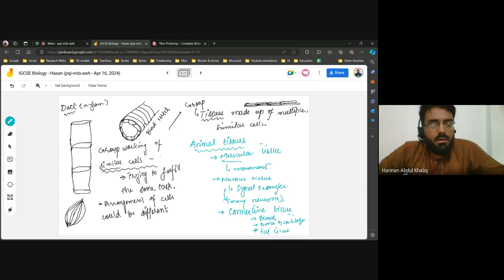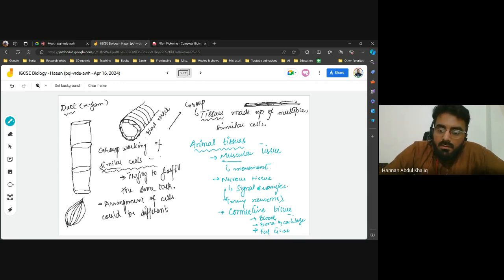And you can say that they are responsible for layering up different kinds of organs. You can easily imagine that all your organs are basically glued by the fats. They are glued to each other with the help of the fats. So the fat tissue is there. Okay, this was the third type.